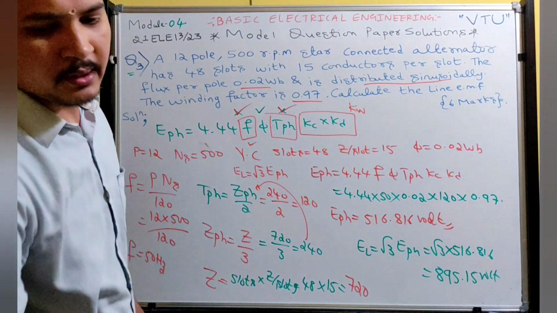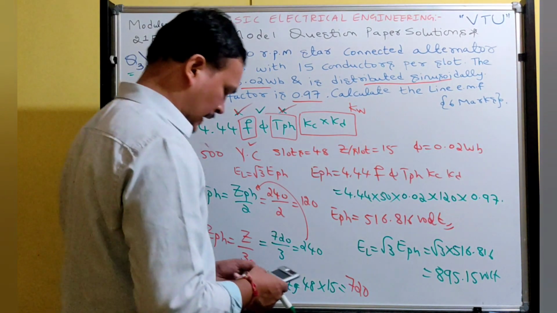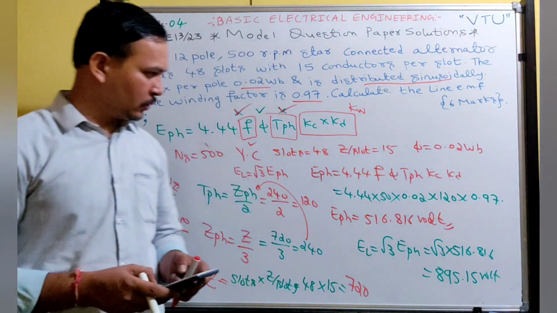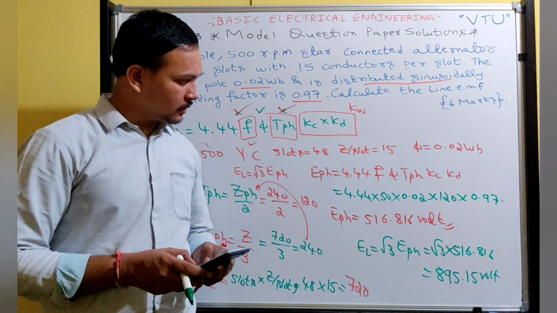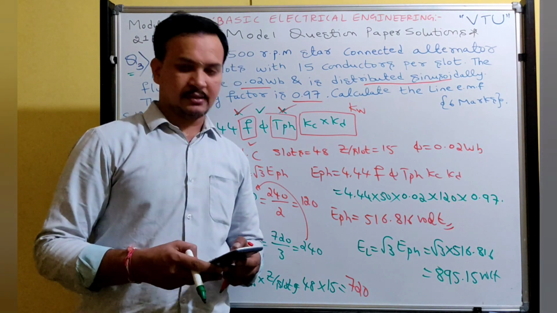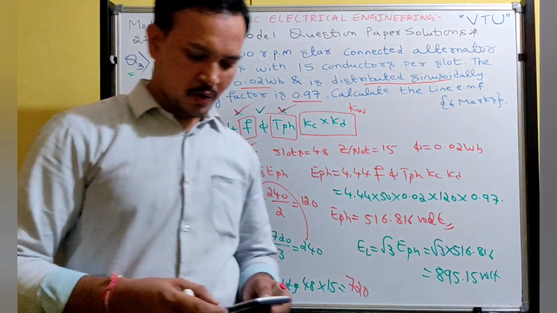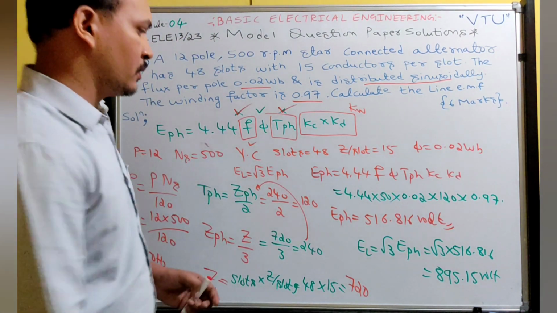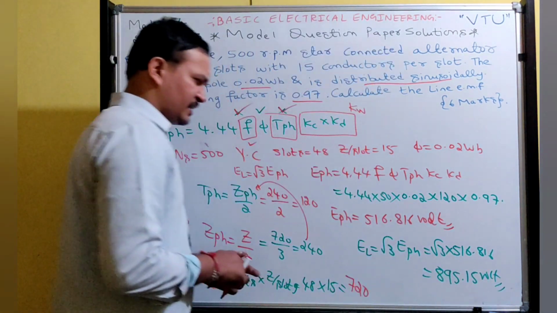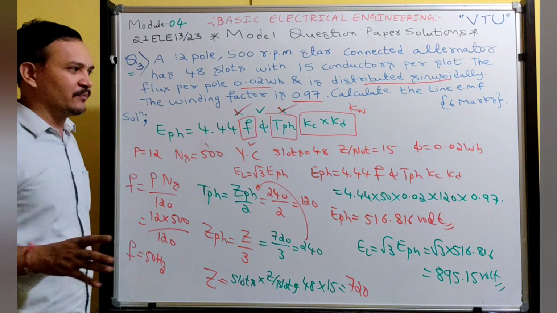Okay, if you want you can calculate. You are going to get the same value only, √3 into 516.816. Yes, getting 895.15 volts.